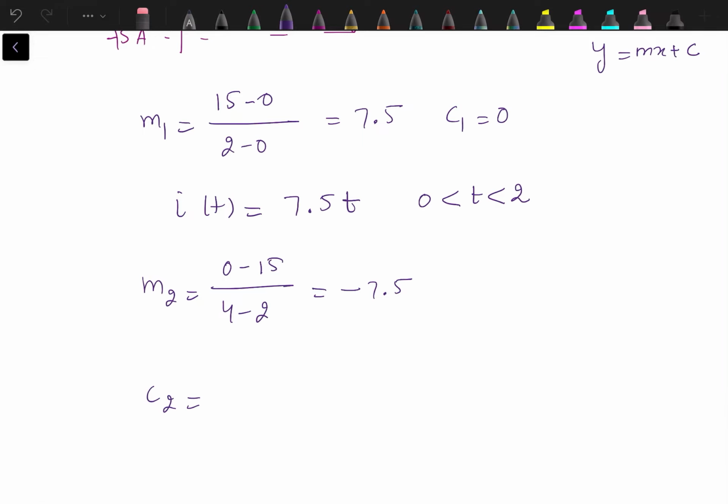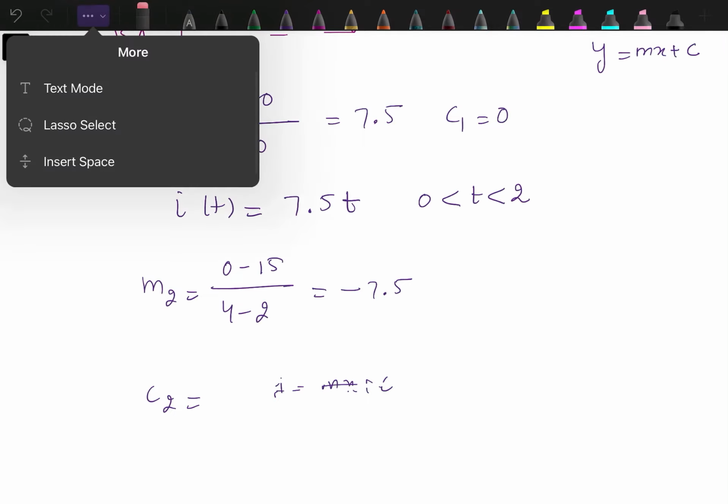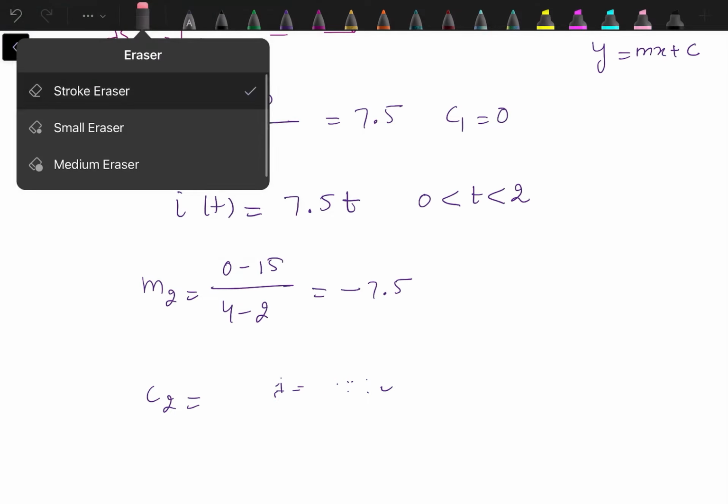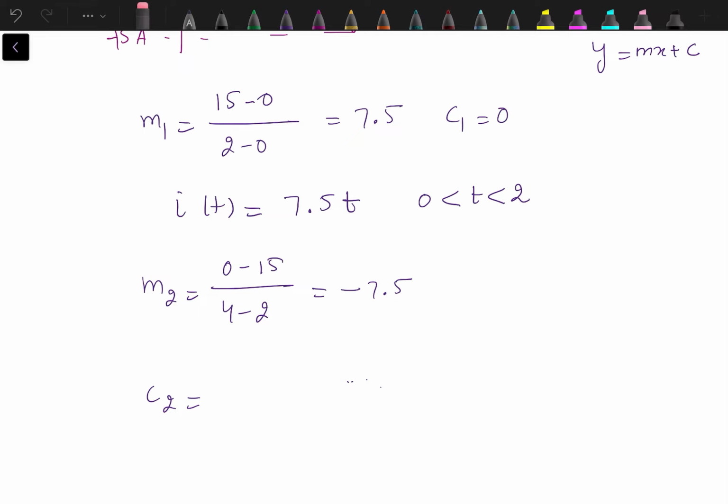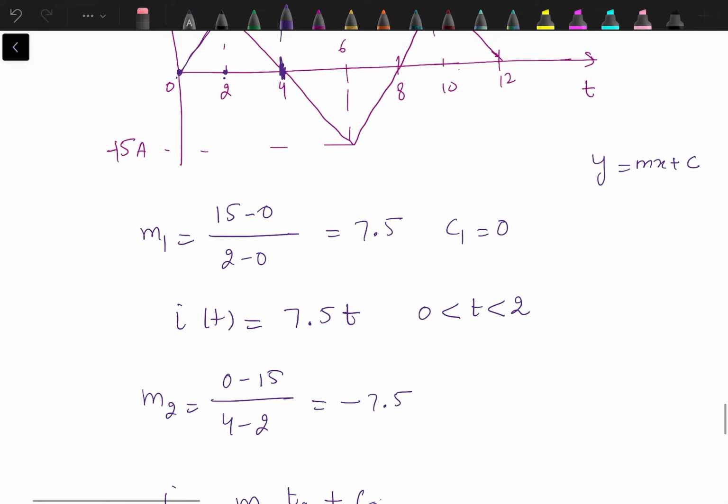We can find C2 by the equation that y is equal to mx plus c from here only. Like the I2, what we can say that I2 is equal to M2 t plus C2. We can take any instant.